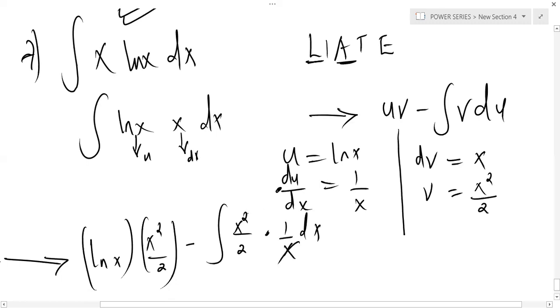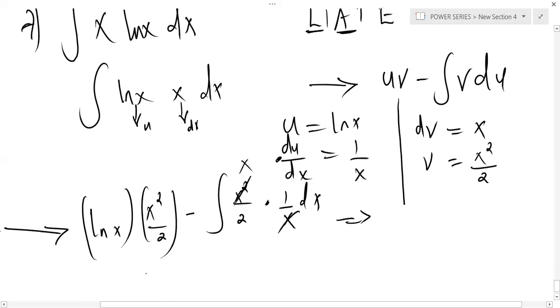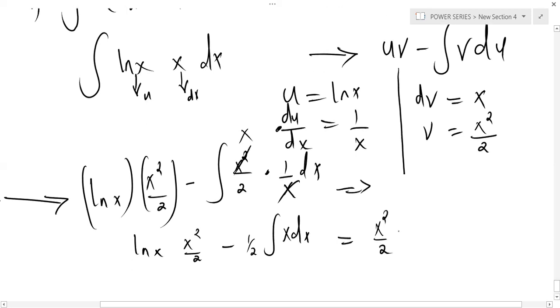This x can cancel out with 1 x, you remain with x there. So simplifying this, we have ln x, and then we have x squared over 2 minus, we can take the half outside, we remain with integral of x dx. So this gives, let me start by writing this because I've finished integrating this first part. X squared over 2 ln x minus a half, integrating x, what do we get?